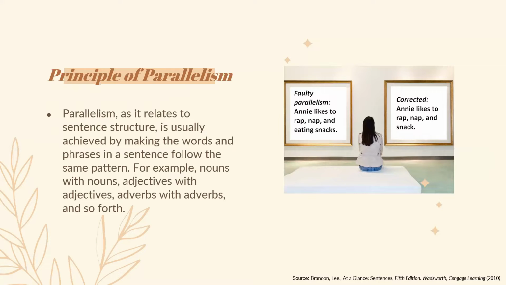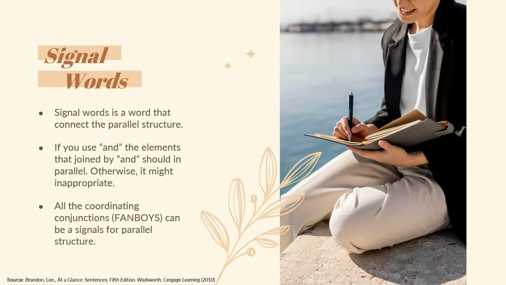Parallelism, as it relates to sentence structure, is usually achieved by making the words and phrases in a sentence follow the same pattern. For example, nouns with nouns, adjectives with adjectives, adverbs with adverbs, and so forth. There is a term called signal word in parallelism.